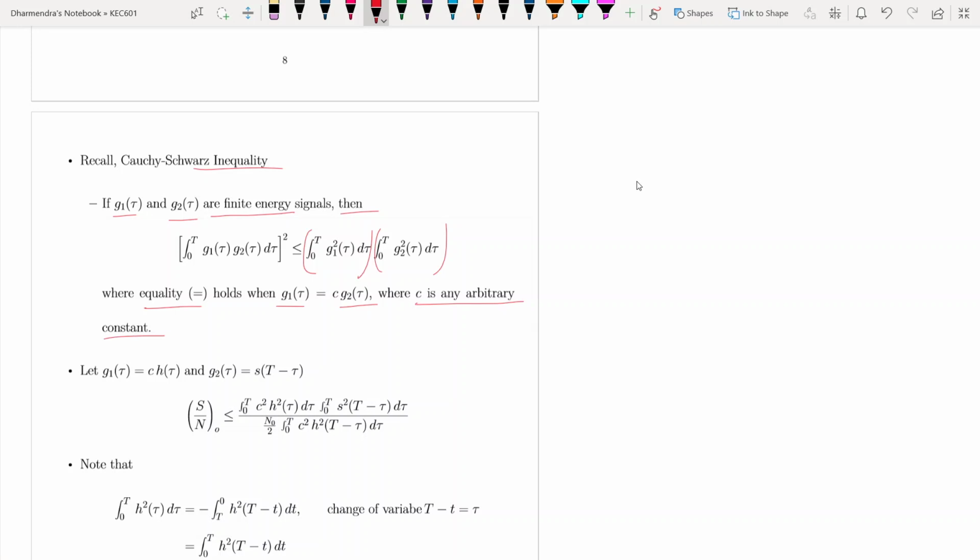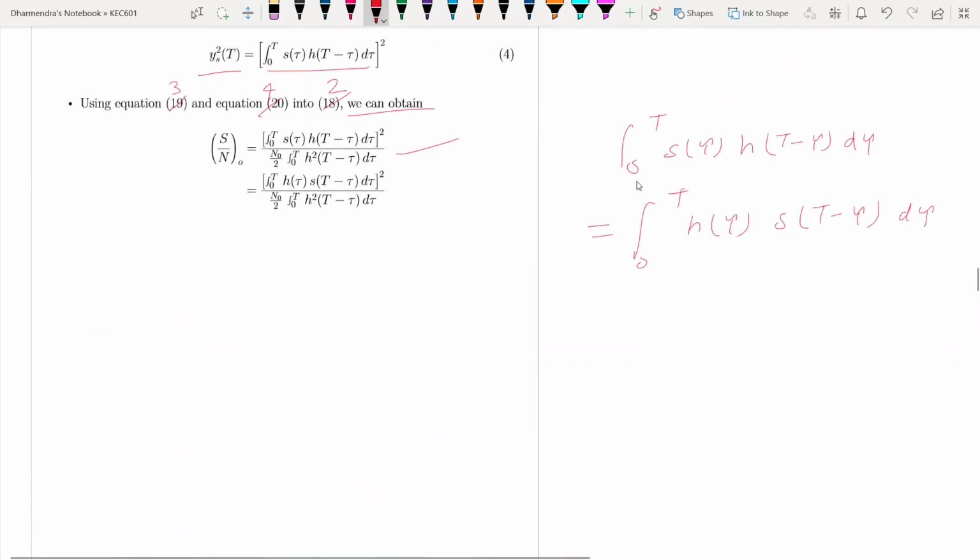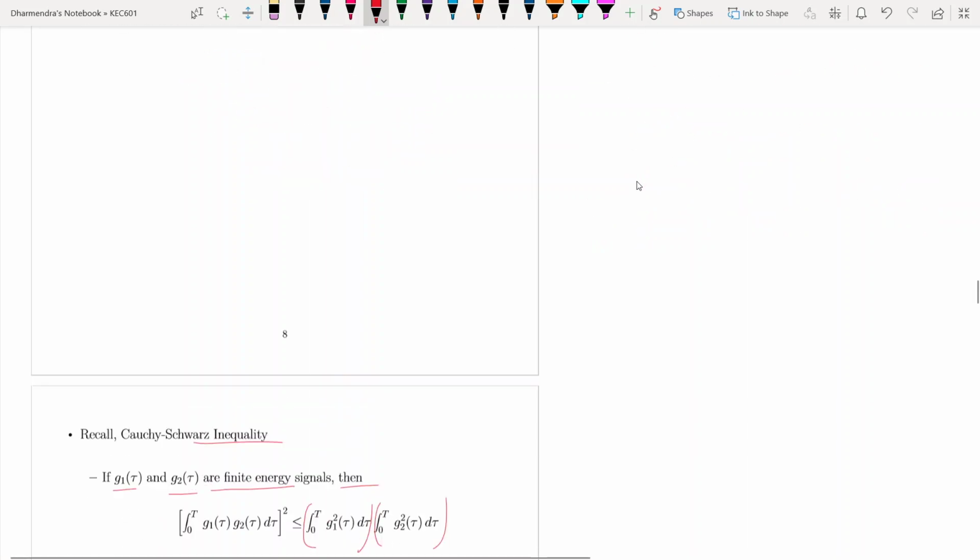So let us assume G1 of tau is C into h of tau and G2 of tau is s of capital T minus tau from our expression. I am assuming this is G1 of tau, this is G2 of tau.